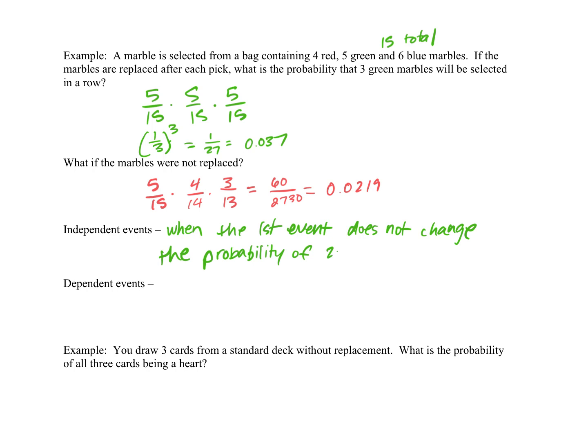Which of these was independent? The top one, because if you drew out a green the first time, that didn't change the probability of drawing a green the second time. Dependent is the first event occurring changes the probability of the second.